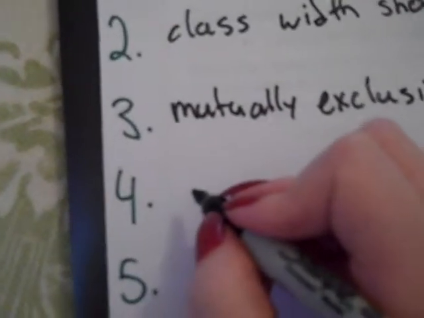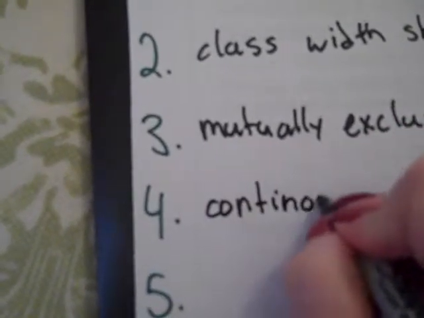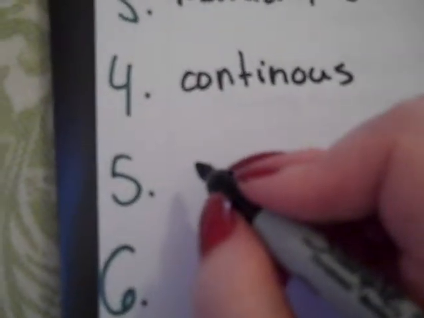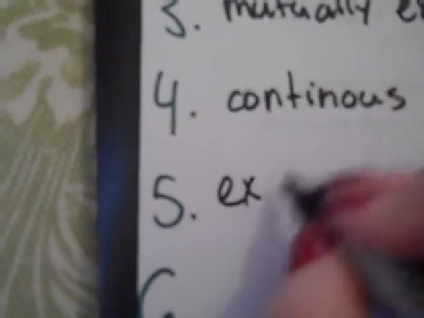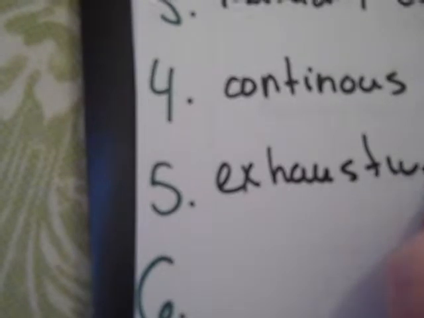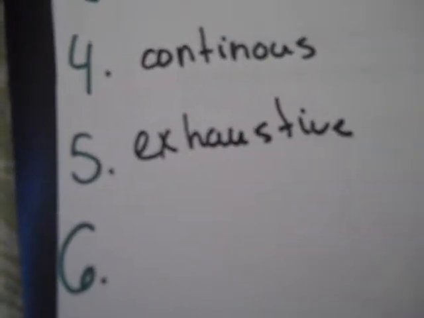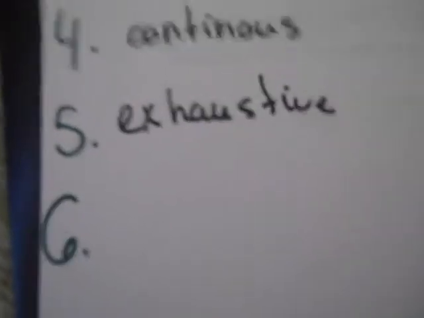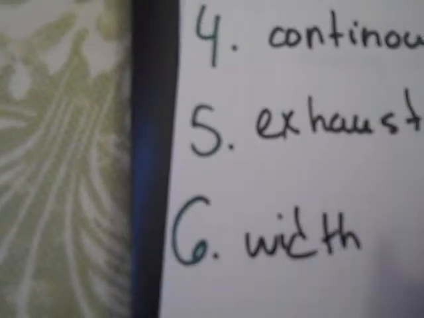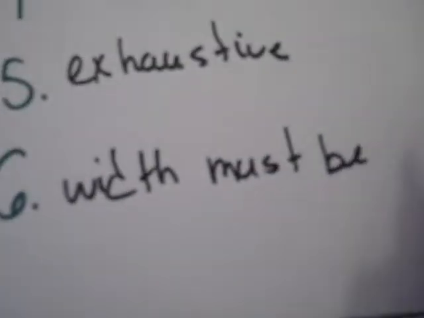The fourth one, the classes must be continuous. The fifth one, the classes must be exhaustive. And the final one, the width of the classes must be equal.